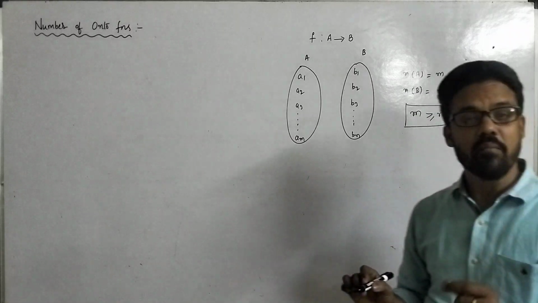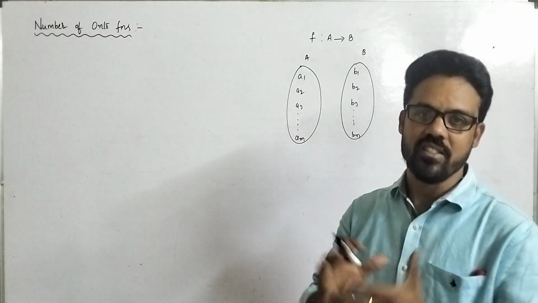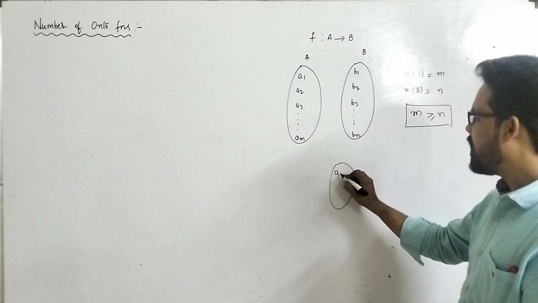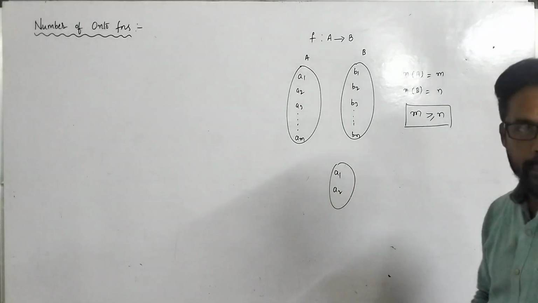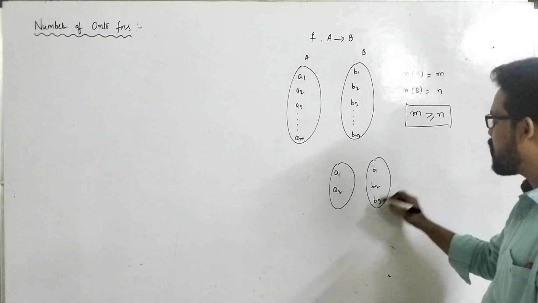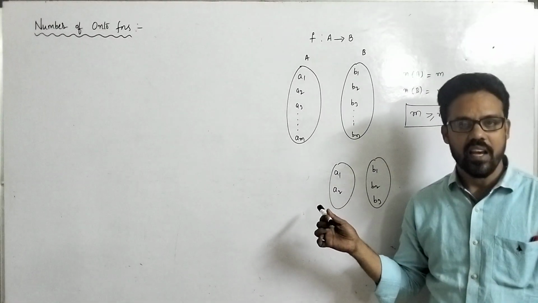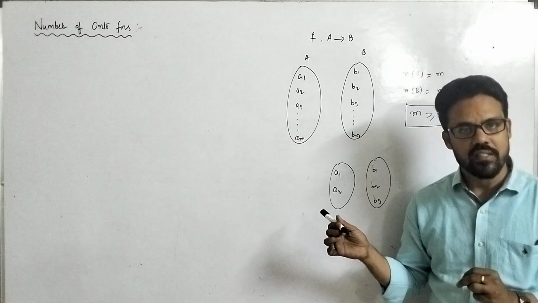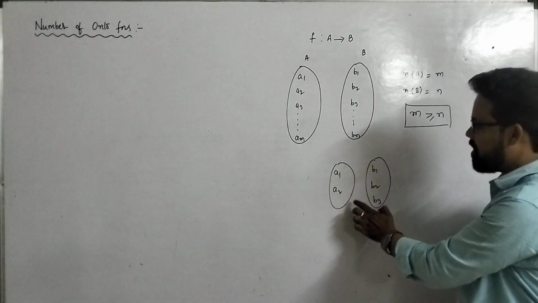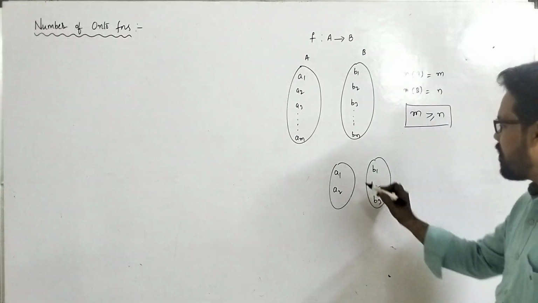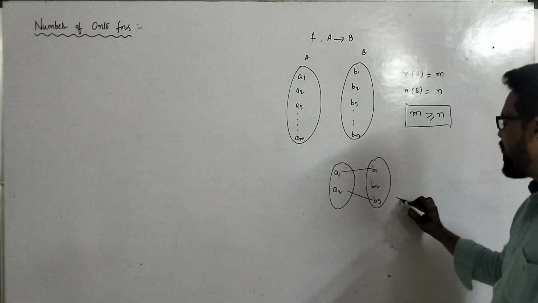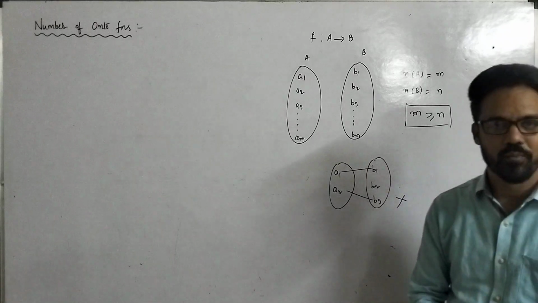What happens if m is less than n? The question arises. For example, let us take set A containing A1, A2, and set B containing B1, B2, B3. Set A has 2 elements, whereas set B has 3 elements. According to this, m is less than n. If I map like this, A1 to B1, A2 to B3, definitely this is not an onto function.